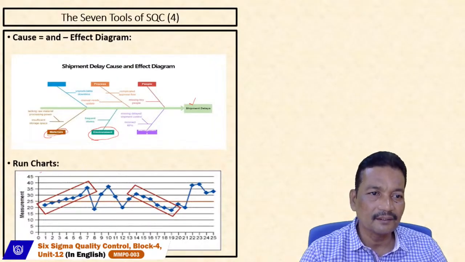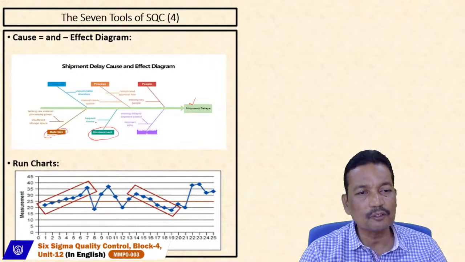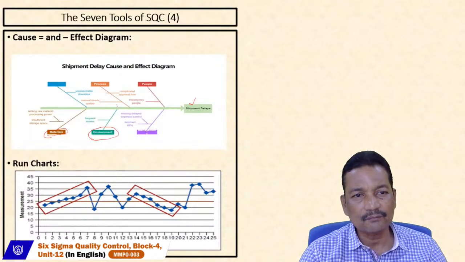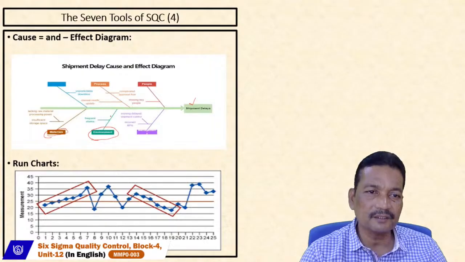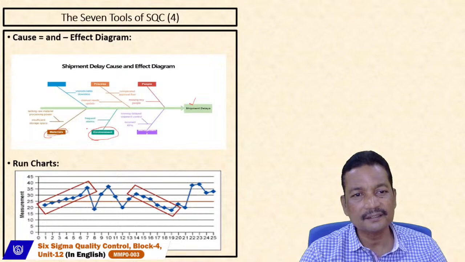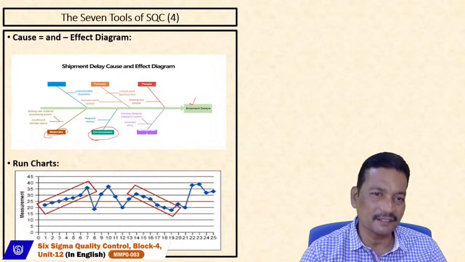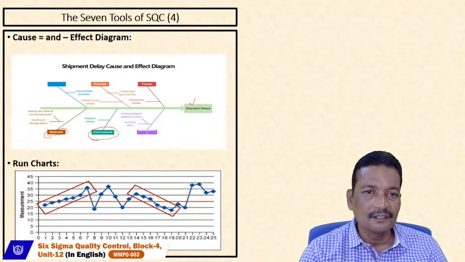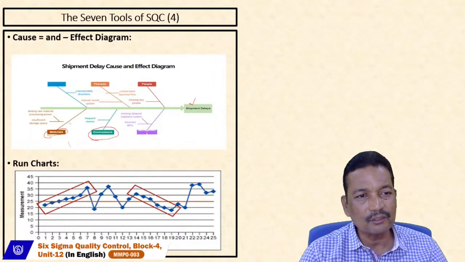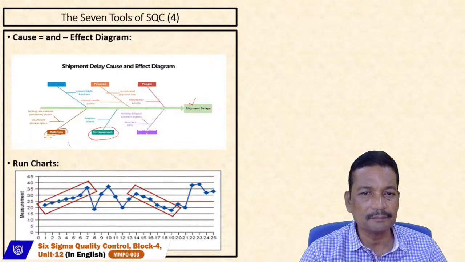So we take what are the probable causes, whether it is availability of material to produce, whether process is suffering from certain kind of problems, is there any kind of environmental disturbances, whether there is worker problem, etc. And for each of the cause, we try to look at what are the effect or impact on the shipment delays.